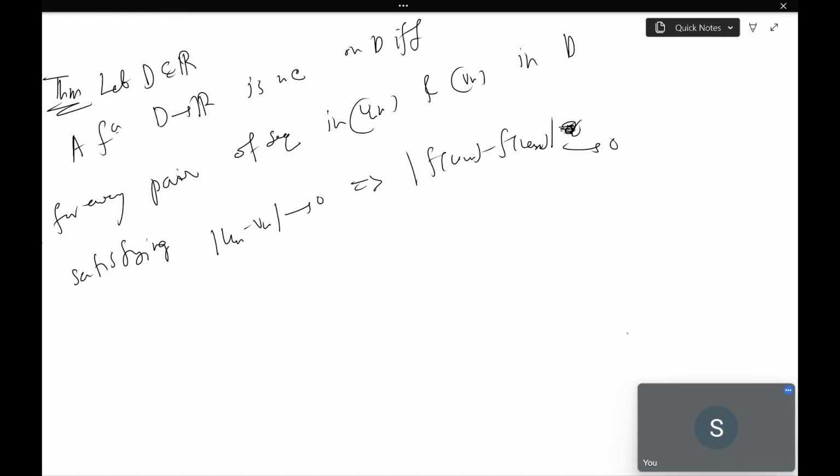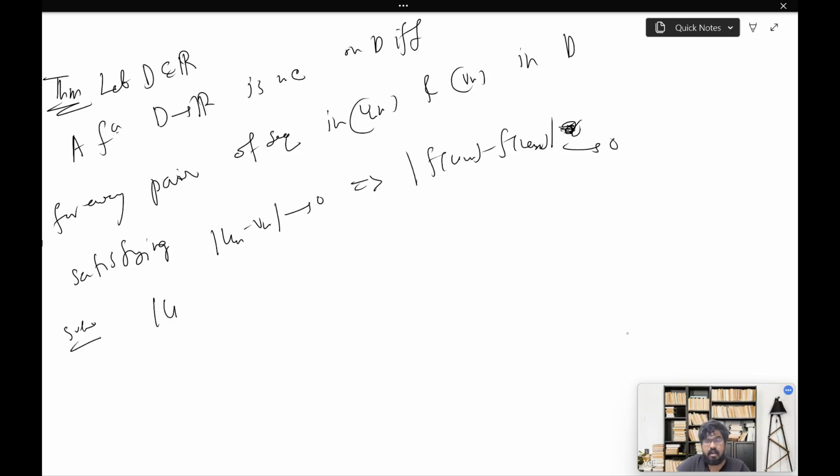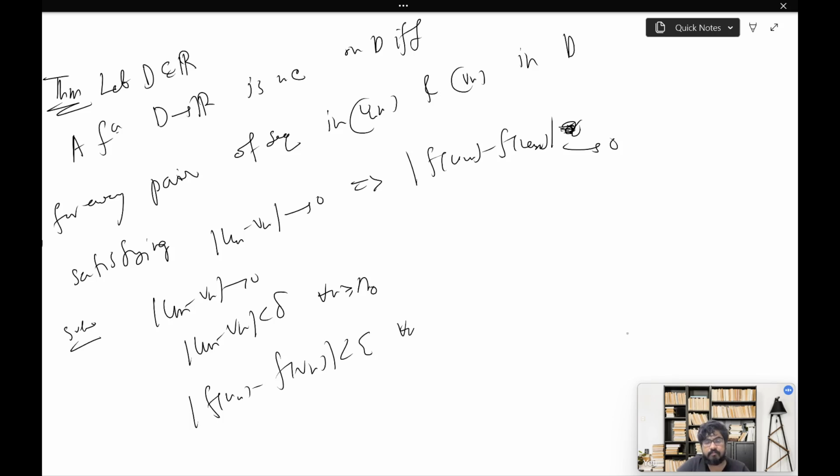Since |u_n minus v_n| goes to 0, there is N such that |u_n minus v_n| is less than delta for all n greater than or equal to N. Then |f(u_n) minus f(v_n)| is less than epsilon for all n greater than N. This implies the sequence f(u_n) minus f(v_n) converges to 0 as n tends to infinity. Basically, here we are using definitions. Nothing more than that.